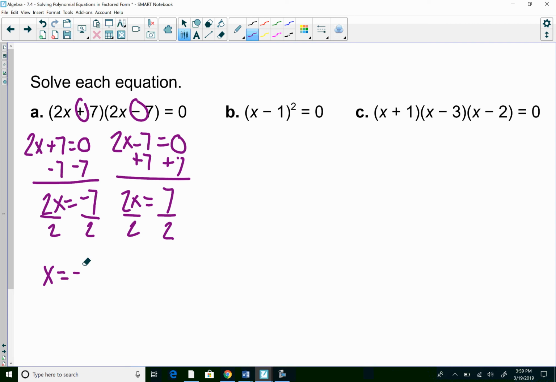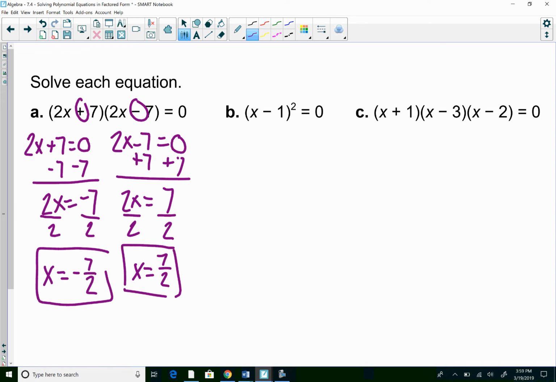So then you've got x equals negative 7 halves and x equals positive 7 halves. So you have 2 separate roots, one positive, one negative. And make sure that you get both of them down, because when you're doing your homework and stuff, they're going to want you to show both roots.